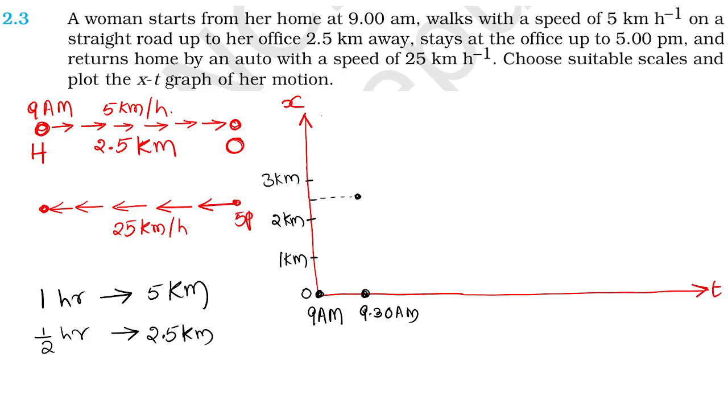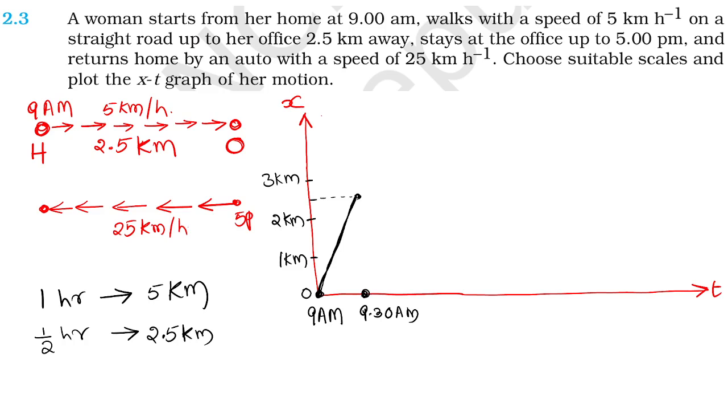Understood? It is a uniform velocity. If the velocity is uniform, the position time graph will be a line. We have studied that already. I have already discussed that if the motion is under uniform velocity, then the xt graph will be a line.